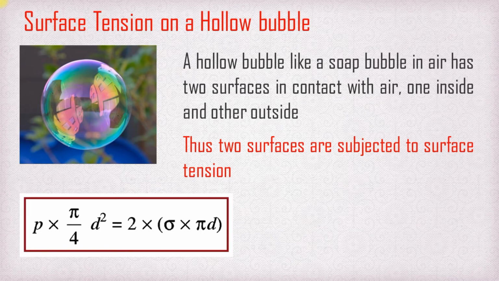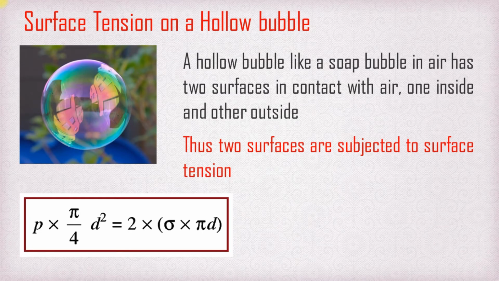In such a case, we have the same equation. Here we are comparing pressure forces with surface tension forces. But remember guys, in the case of a hollow bubble, two surfaces are subjected to surface tension, so multiply by 2.